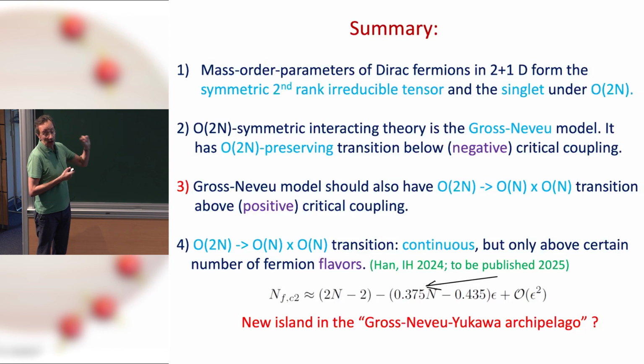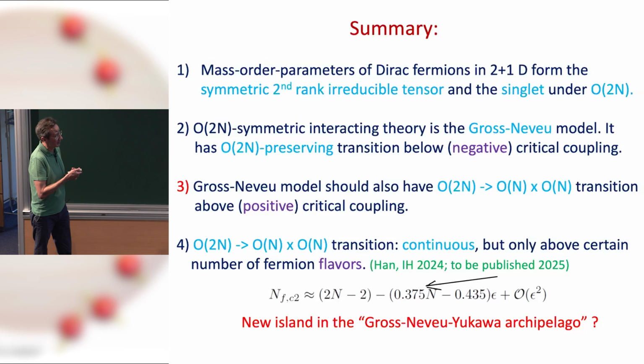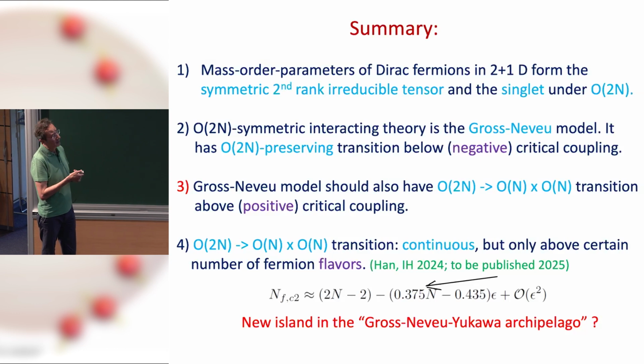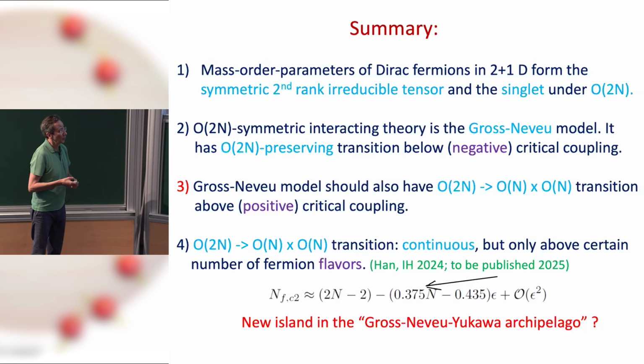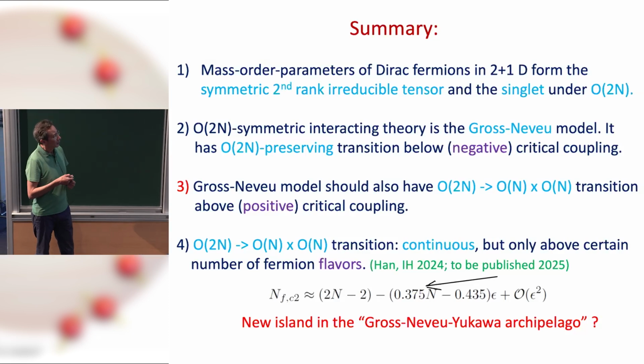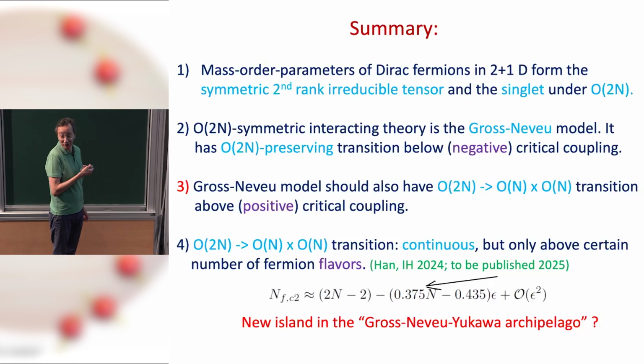So one can look at the islands, see what basically happens to them as you reduce this NF, and that probably will be better than simply doing epsilon expansion, which has very poor convergence properties anyway, and basically just gives you some kind of a very, very vague indication of what may be happening. But certainly it's not very accurate quantitatively. So I hope this could be a new island in the Gross-Neveu Yukawa archipelago, but I think there are more important islands to explore, of course, before this one.